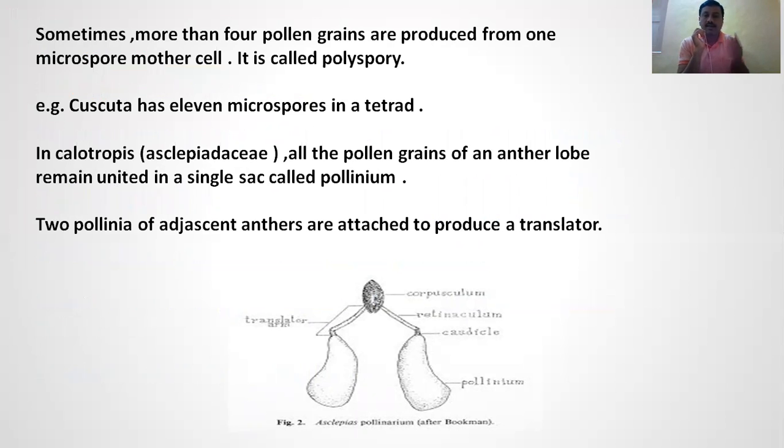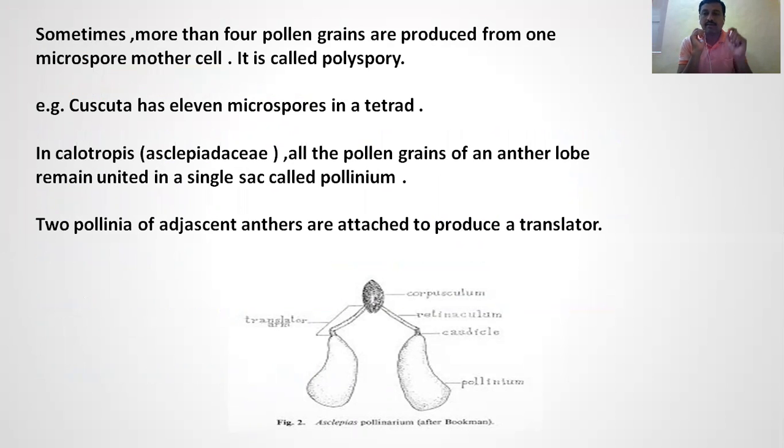It means a single microspore mother cell divides meiotically to produce more than 4 haploid pollen grains. म्हणजे 4 पेक्षा जास्त pollen grain produce करते. This process is called polyspory.